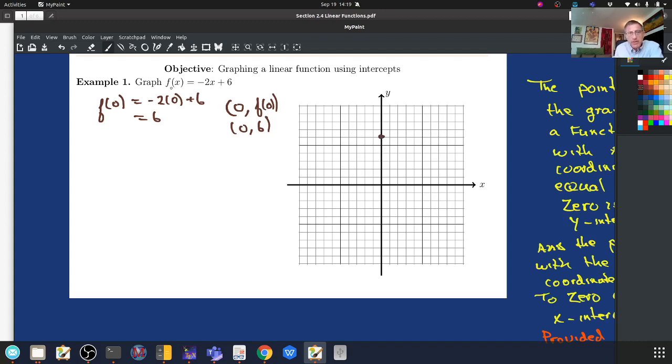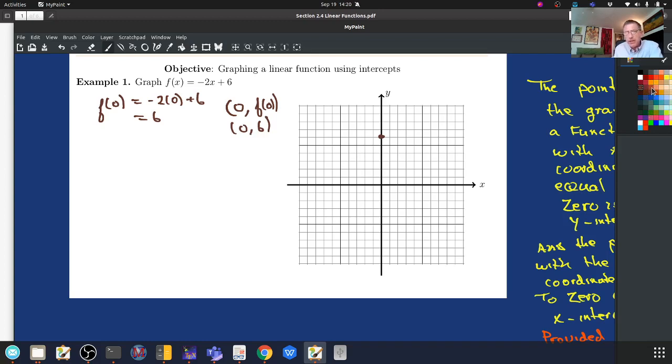You also might recognize this is in a special form, and you may be able to look at the value right there of 6 and know immediately that the y-coordinate of the y-intercept point is 6.